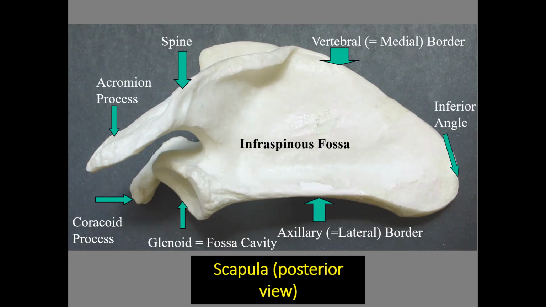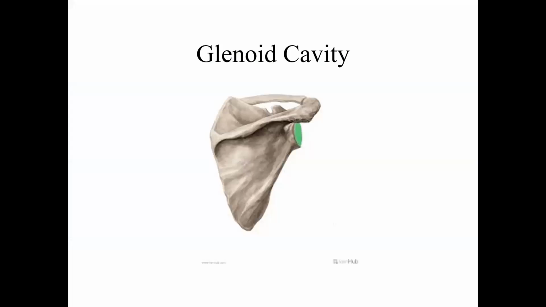And we have an inferior angle, and whenever we have an inferior angle, we're going to have a superior angle, and that's up here. And we have a superior border, and it doesn't get shown, but there is an inferior border. You don't need to worry about that either. So, okay. Now, there's our glenoid cavity. There's the glenoid cavity right there.